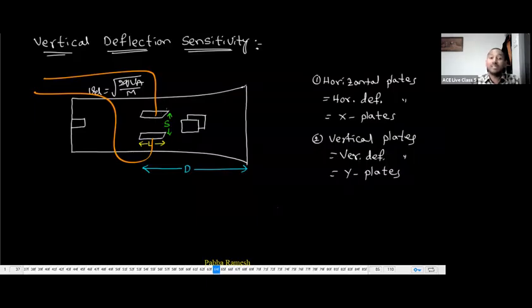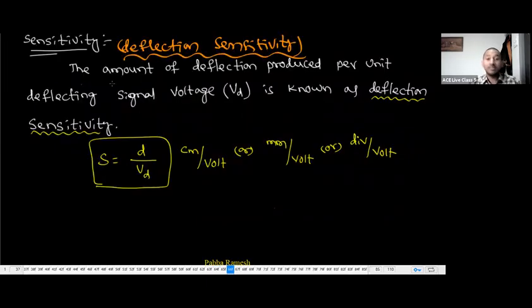Therefore the amount of deflection produced per unit deflecting signal voltage is known as deflection sensitivity.